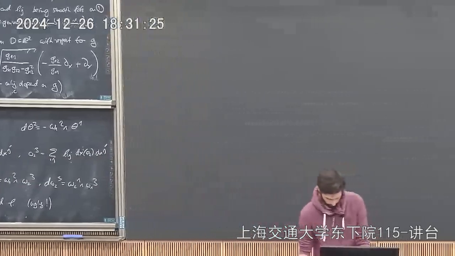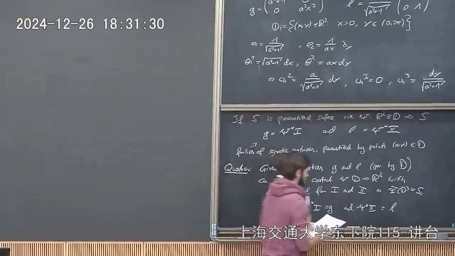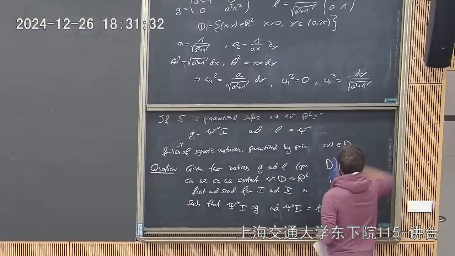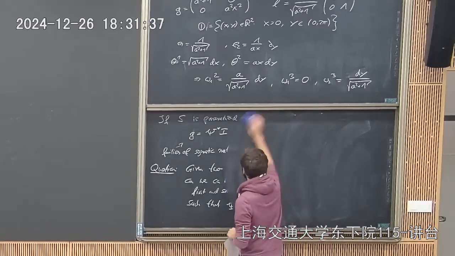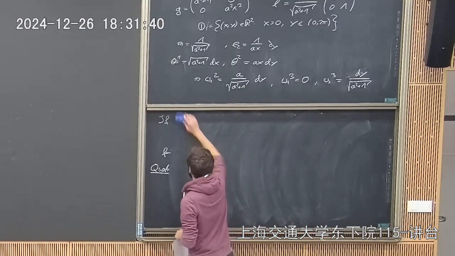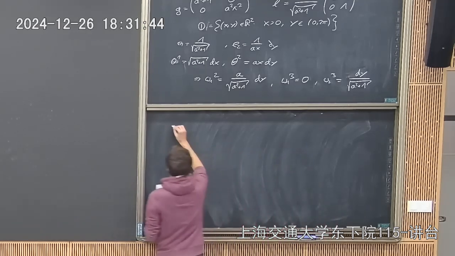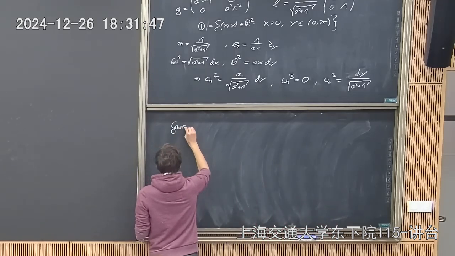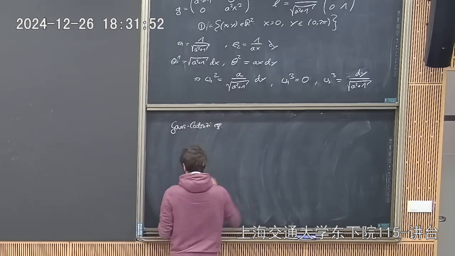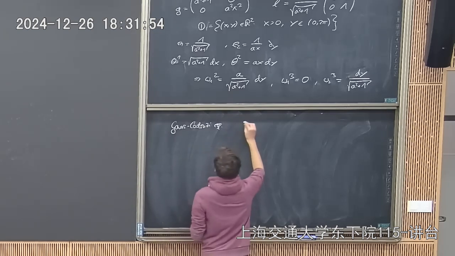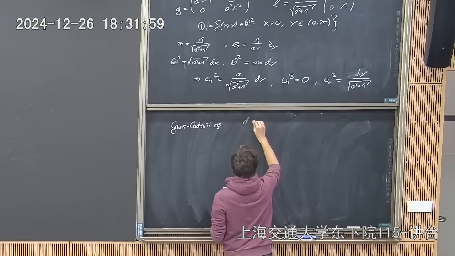So let's check in our example that these equations are satisfied. In this case, the Gauss-Codazzi equations would be: if you take d of omega 1,2, that's a constant, so you get 0.